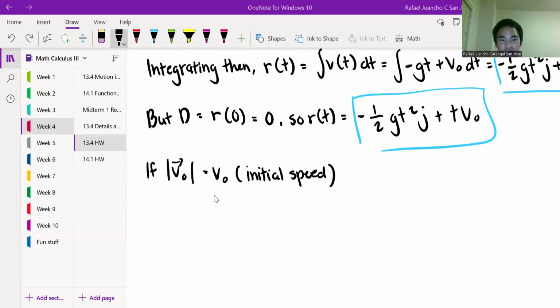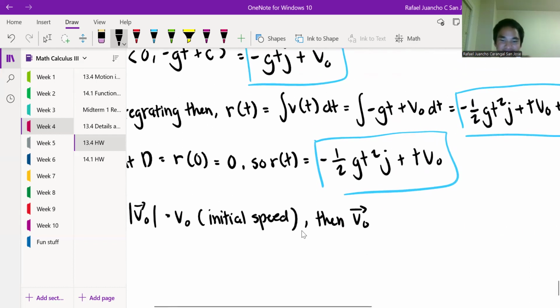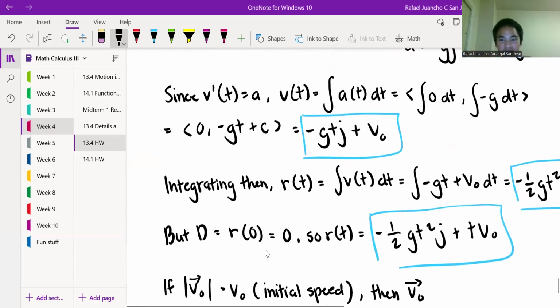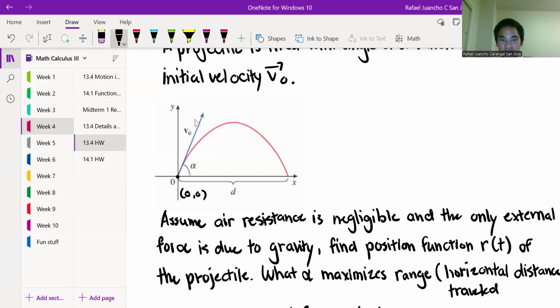Oh, so now I have to find this vector. I have to find this thing. What is this? So I have something in I plus a V naught sine alpha J. What's in my I? I don't know, if I look here, I see something.